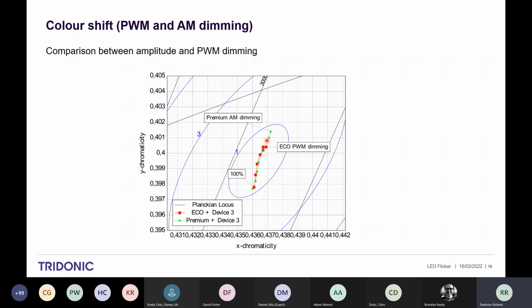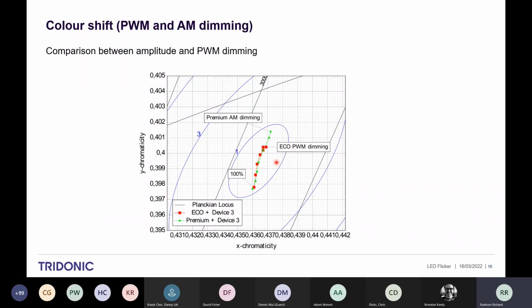So hence why the move to amplitude dimming, because it got rid of all the problems associated with PWM dimming. We don't have the switching on and off. It's all now purely changing the current through the LED. It's also improved compatibility with video systems, for instance.